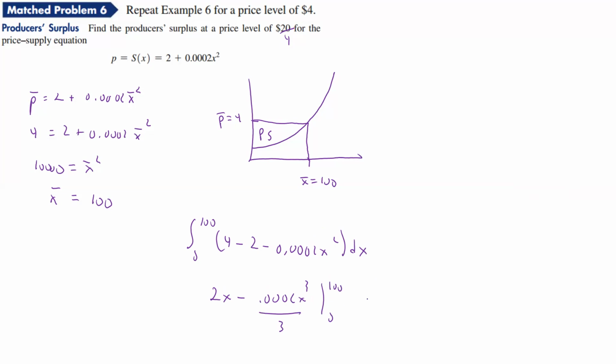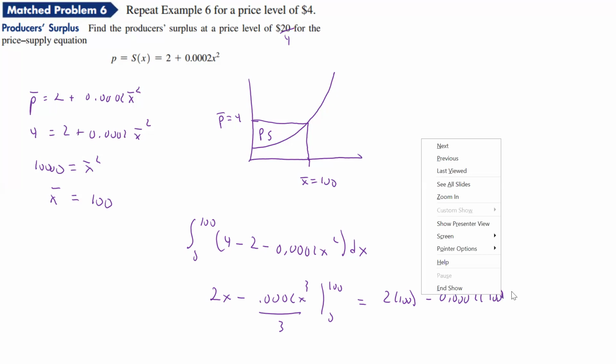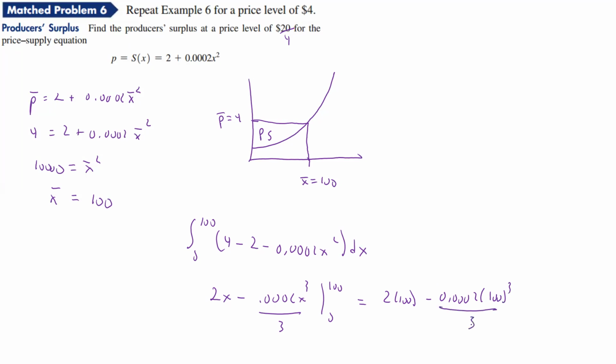Plug in 0, both of those are 0. So basically we get 2 times 100 minus 0.1232 times 100 to the third all over 3. And so that's going to be 200 minus 0.1232 times 100 to the third divided by 3.